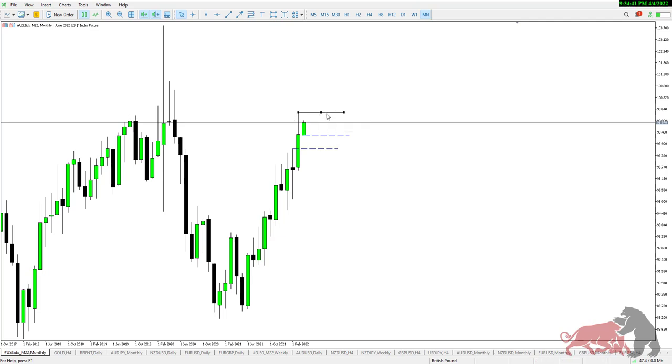Now, the draw on liquidity firstly is initially at 99.47, and then short-term draw on liquidity is this high here, the high of May 2020, coming in at 100.59.